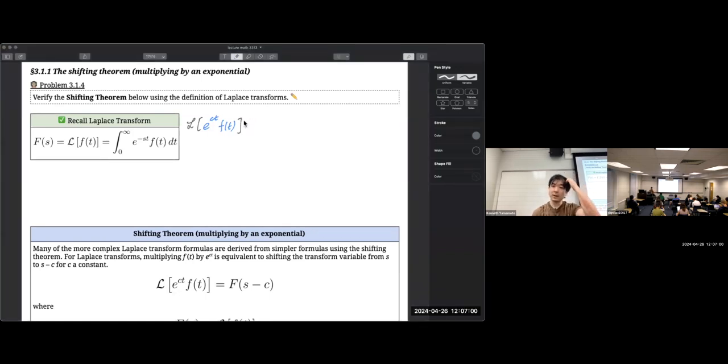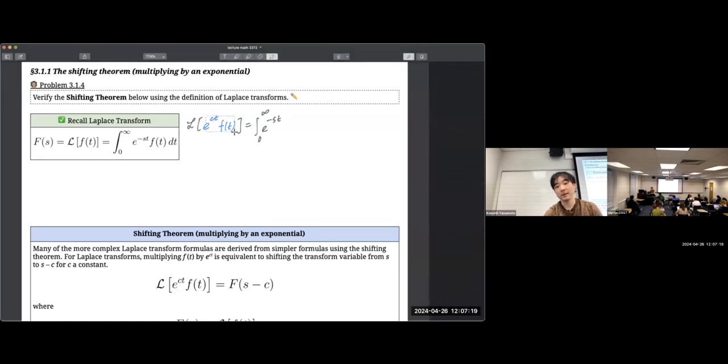I'm using blue to signify this new function. Using the definition of the Laplace transform, in the green box here, it's going to be the integral from 0 to infinity of e^(-st) times the function. For us, the function is this now. This is our f of t.